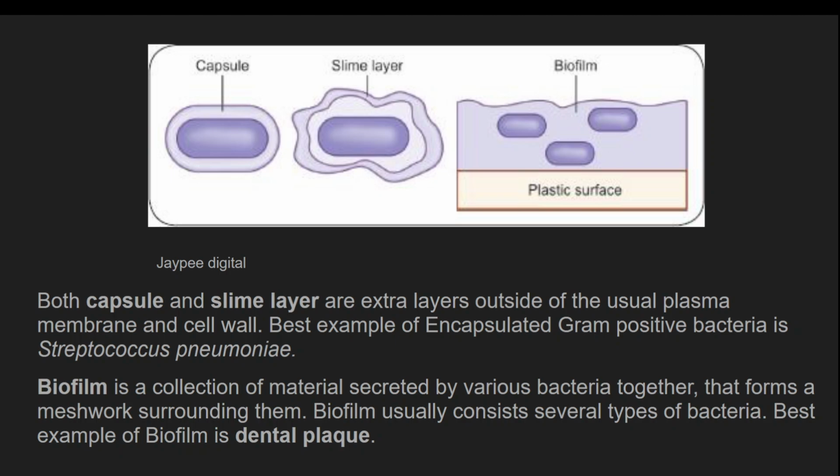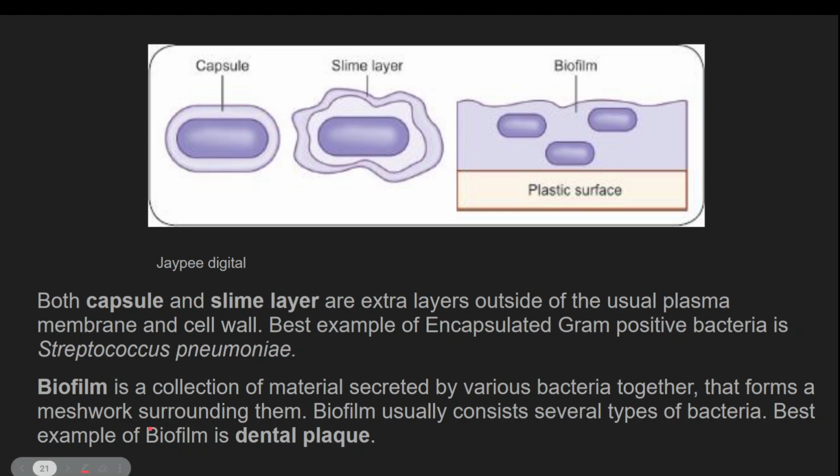This encapsulated gram-positive bacteria uses this capsule for protecting itself against any harmful effects of the immune system. If this particular layer is quite disorganized, it is called a slime layer. If it is well organized and quite stiff and tough in nature, that is called a capsule.